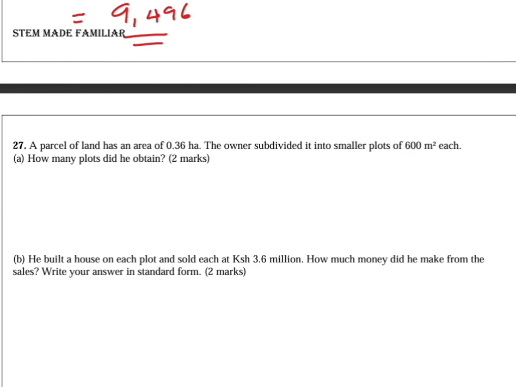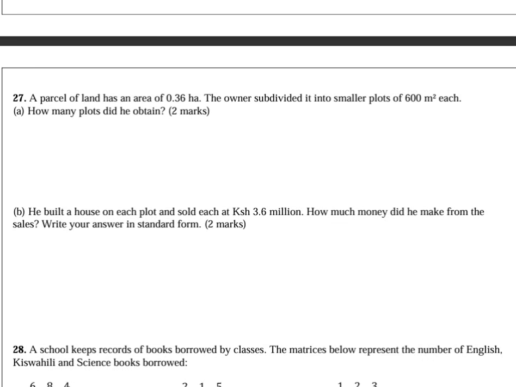Number 27. A parcel of land has an area of 0.36 hectares. The owner subdivided into smaller plots of 600 meters square each. How many plots did he obtain? So first of all, you convert this into meters square. Remember, 1 acre or 1 hectare is equals to 10,000 square meters. So to about 0.36, itakuwa meters ngapi?